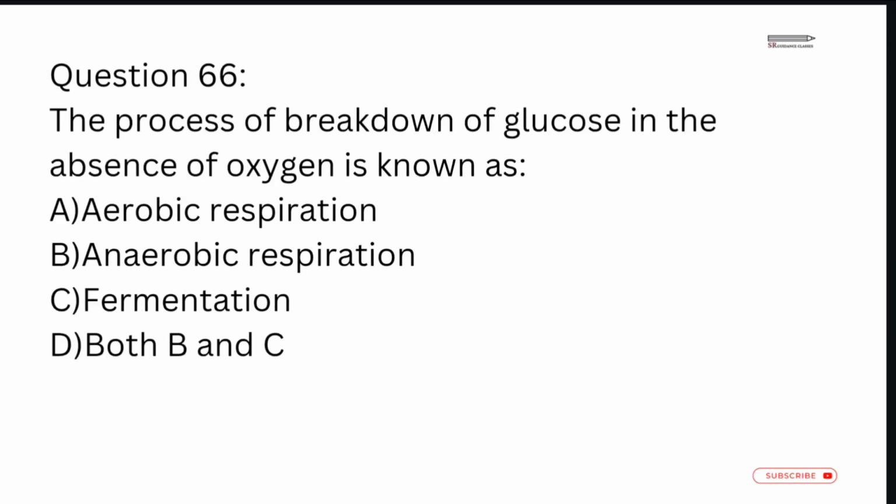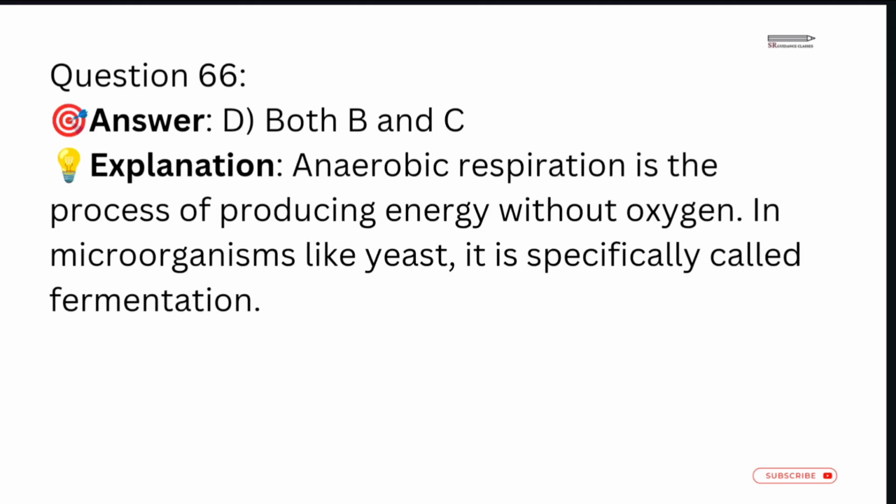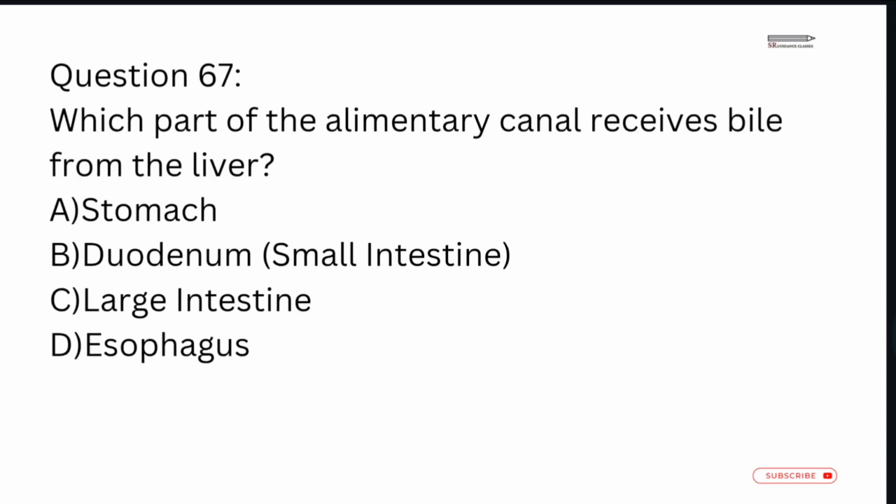The process of breakdown of glucose in the absence of oxygen is known as... The answer is option D, both B and C. Which part of the alimentary canal receives bile from the liver?